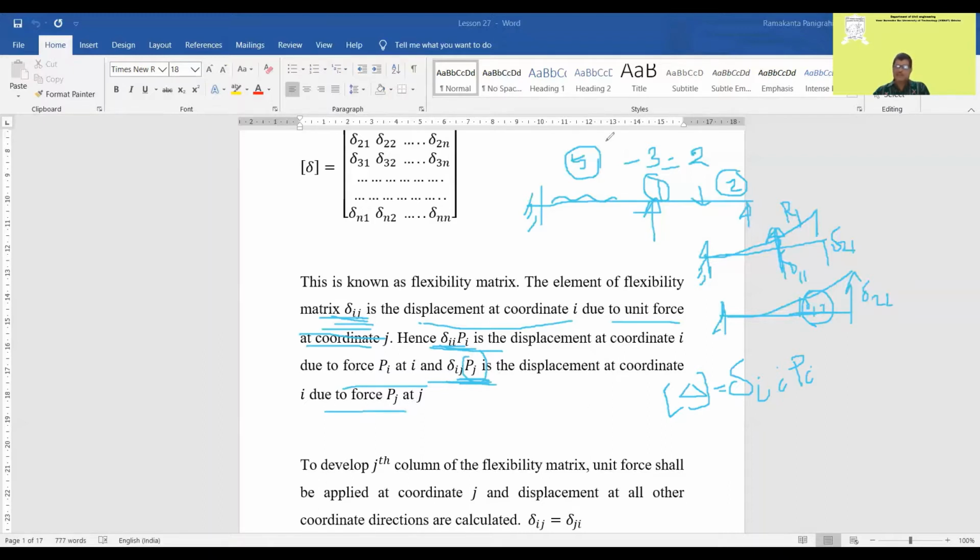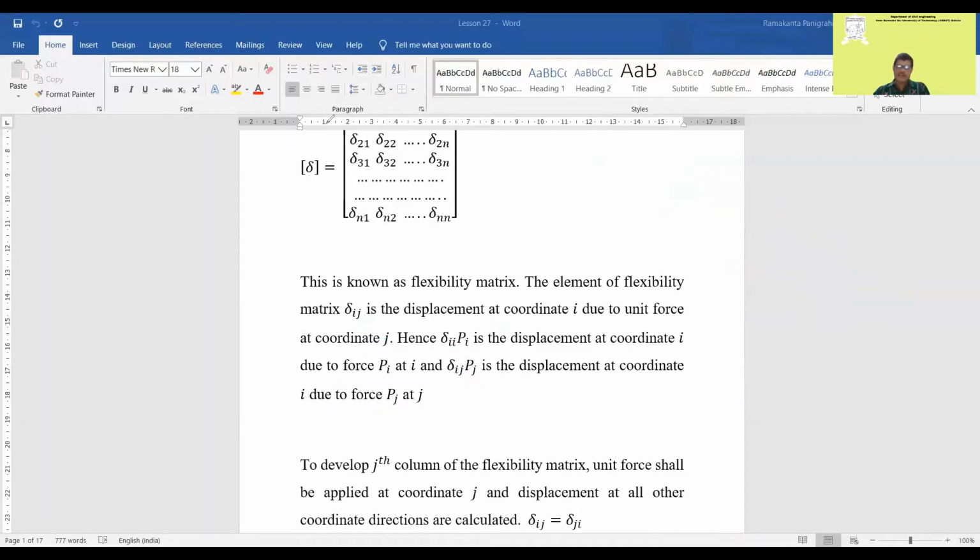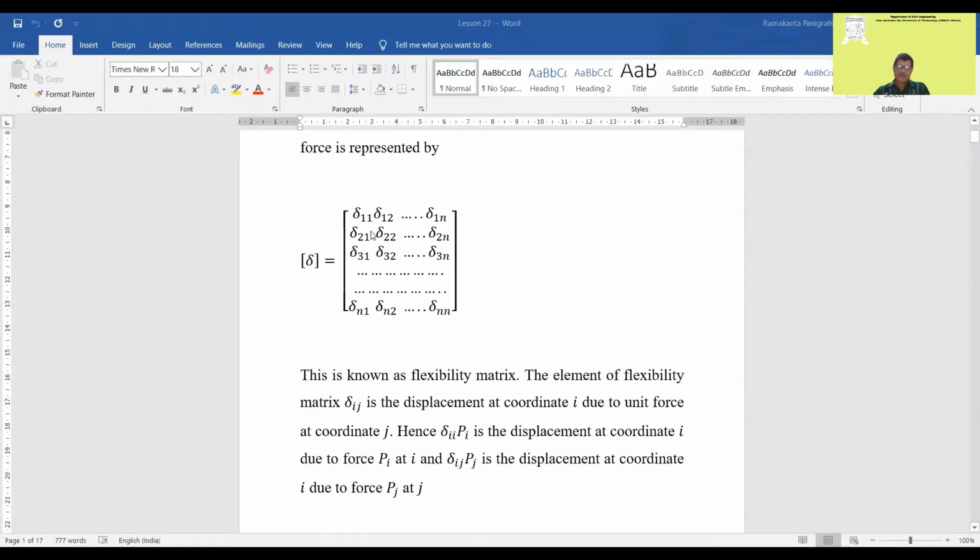So let us write the equation. This is delta, right? Now you multiply delta with the P matrix. That will give me capital delta. So delta 1, delta 2, delta 3, like that you can find.